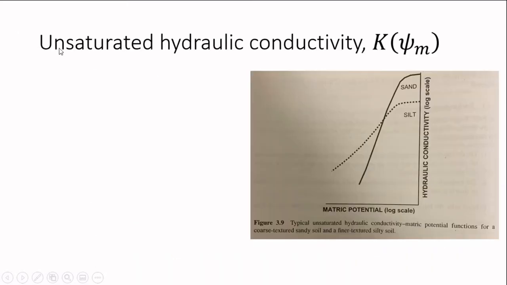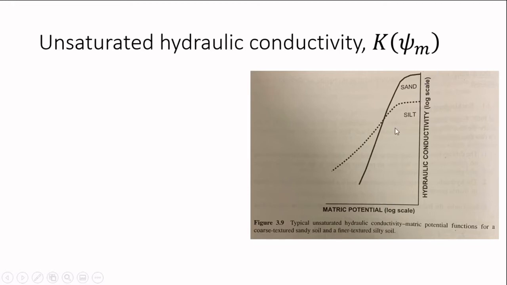Okay, now let's look at unsaturated hydraulic conductivity. So K as a function of matric suction. So here's a diagram, figure 3.9. It shows a typical unsaturated hydraulic conductivity with matric potential function for a coarse textured sandy soil and a finer textured silty soil.